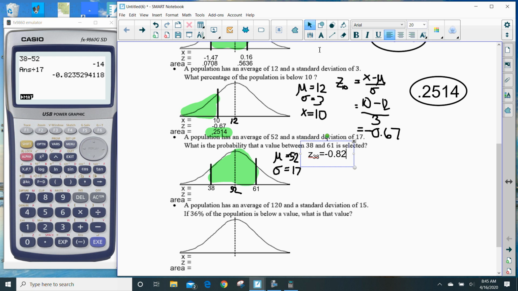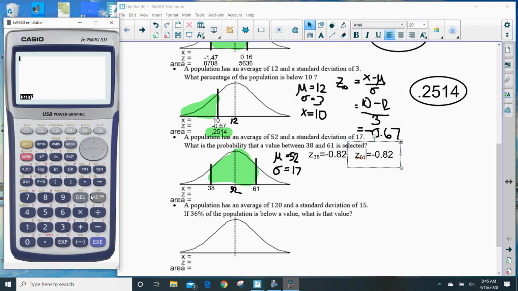And then I am going to do the same thing with 61. That is going to be x minus mu divided by sigma, 0.53.